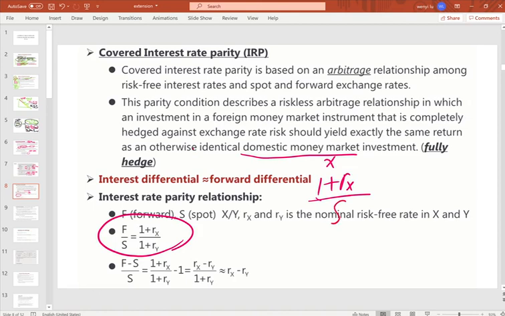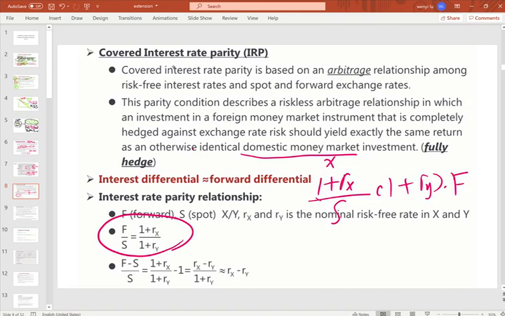That's how much money we get in the Y country. We put this money in the Y country to earn interest, and after the investment ends after 1 year, we swap the money back into X currency by multiplying by the forward rate, F.